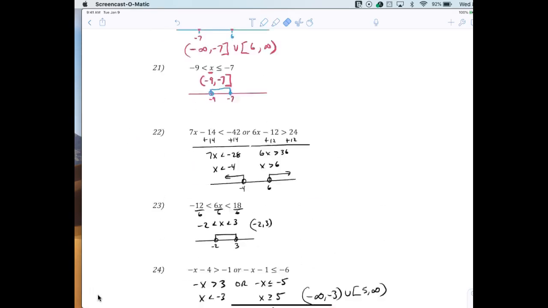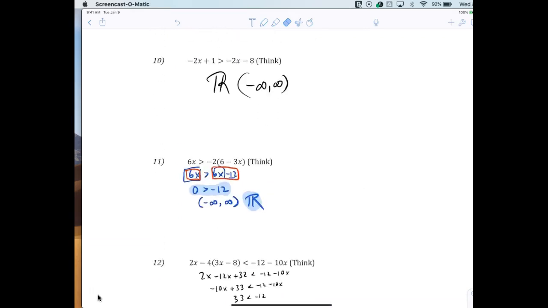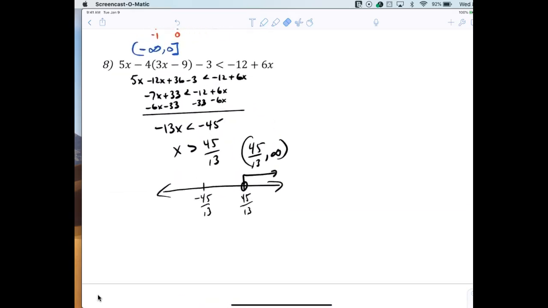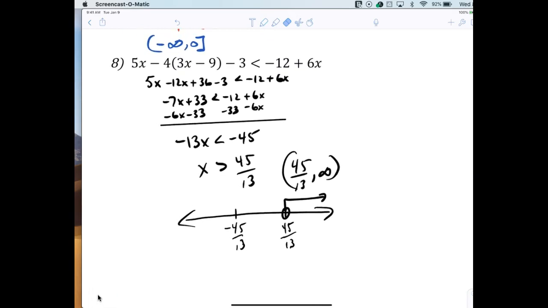Let's go to number 8. Anything wrong with that? You see?